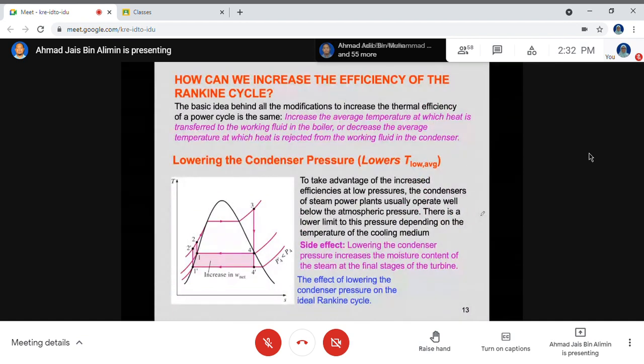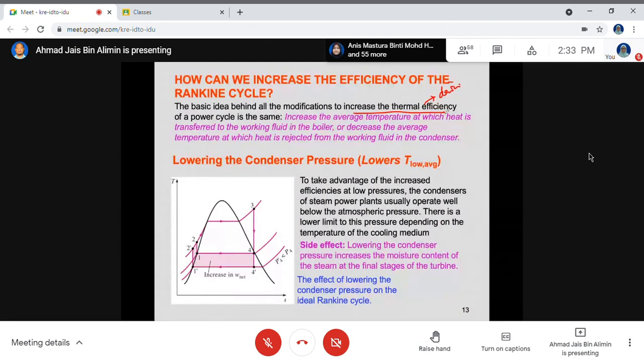And then what are the things that we can do to improve the efficiencies of the Rankine cycle? The objective of improving the efficiency of the Rankine cycle is focus on how we can manipulate the performance and the operation of the components. Increase thermal efficiencies dikembalikan pada komponen ataupun device yang ada dalam steam power plant.